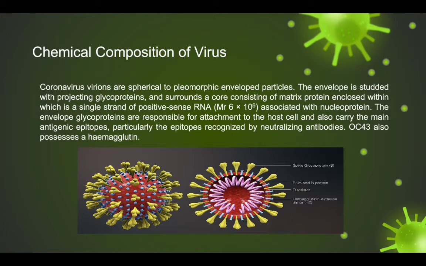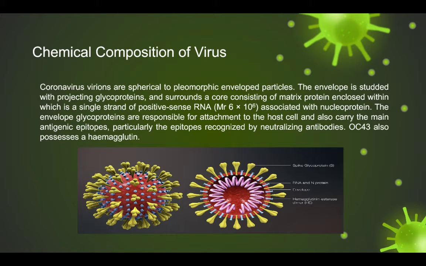Next is chemical composition of virus. Coronavirus virions are spherical to pleomorphic enveloped particles. The envelope is studded with projecting glycoproteins and surrounds a core consisting of matrix protein, enclosed within which is a single strand of positive sense RNA associated with nucleoprotein.